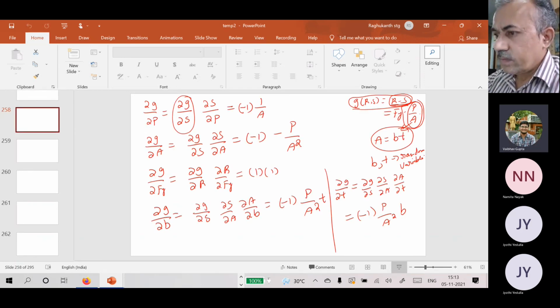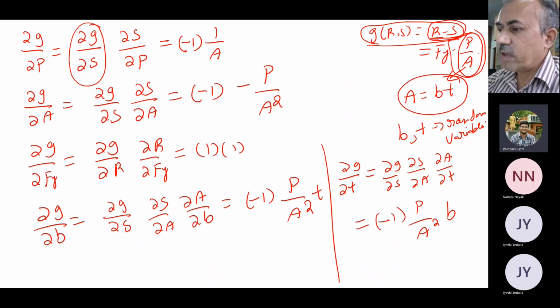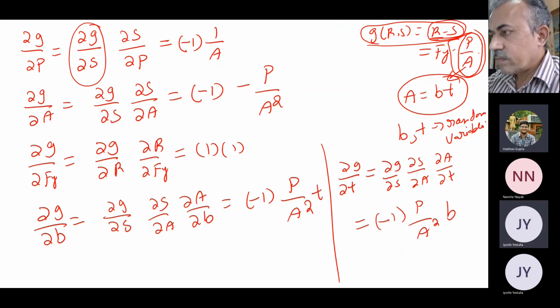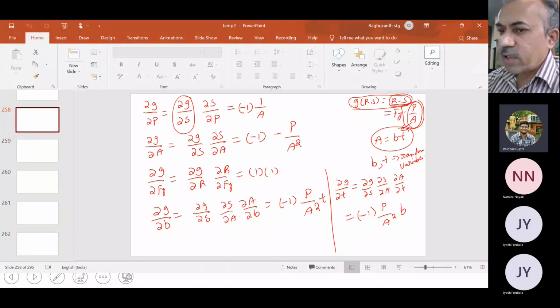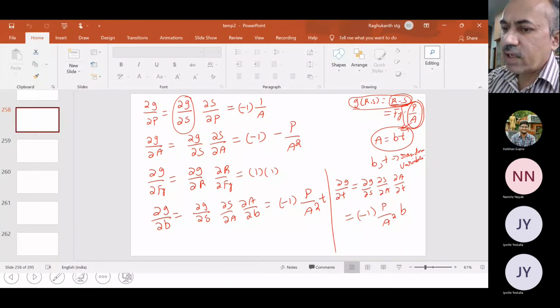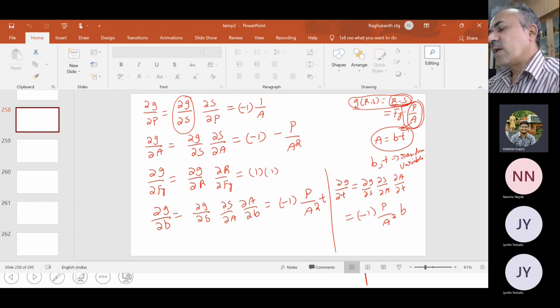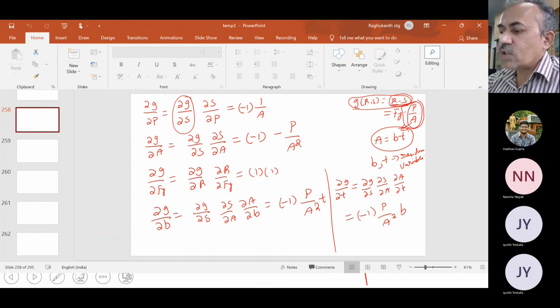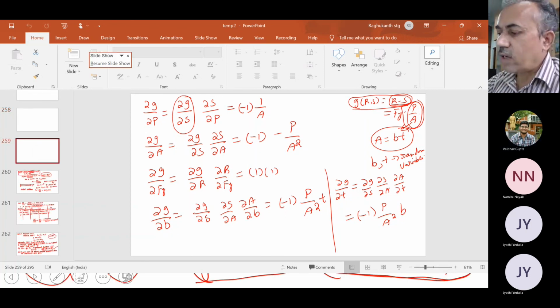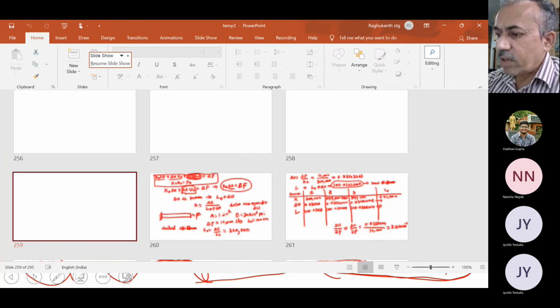Monte Carlo simulation is one thing we have seen. Then the other one is the response surface approach. Then we have stochastic FEM. Stochastic FEM is very easy, we have said. The only thing is you have to calculate the derivatives, so you have to use the chain rule of differentiation. These are the only things we said in our previous class.